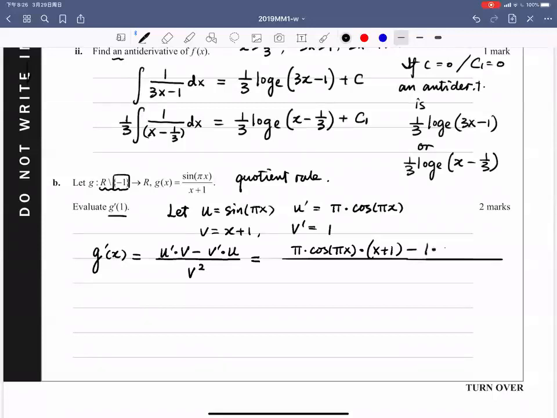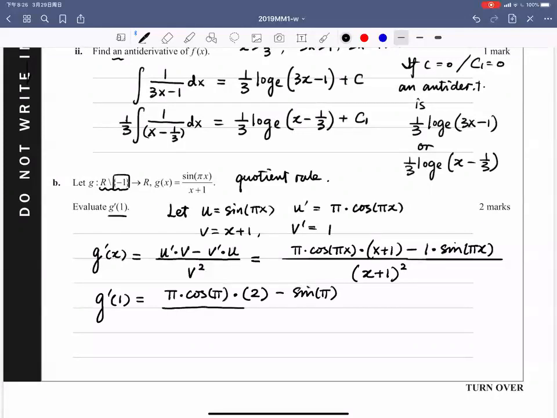Minus 1 times sine pi x. The whole thing divided by x plus 1 squared, which is your v squared. Okay, now your g dash 1 will be pi times cos pi times 1 plus 1 equals 2, minus sine pi. And the bottom will be 1 plus 1 squared.